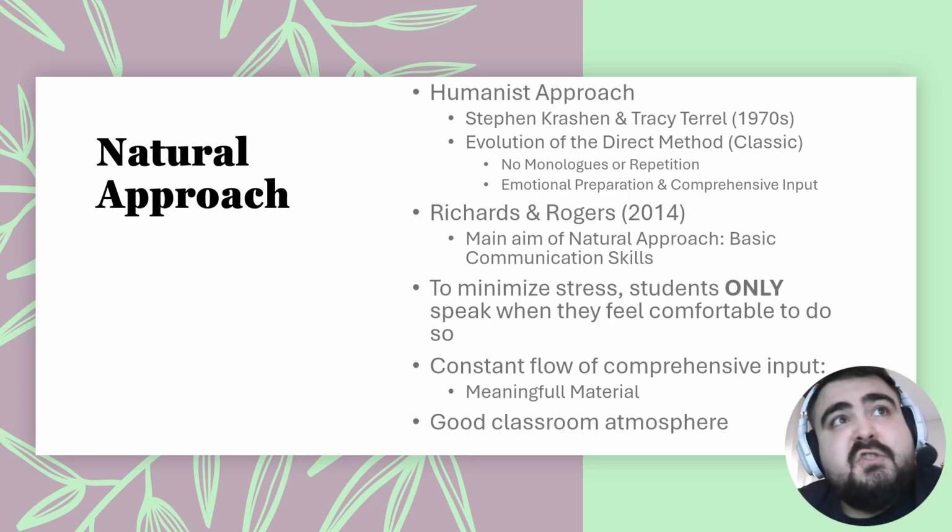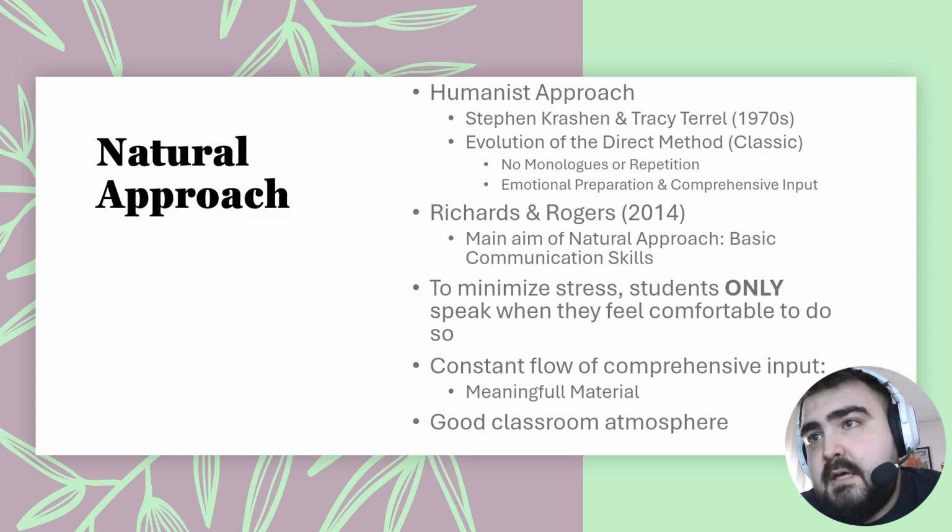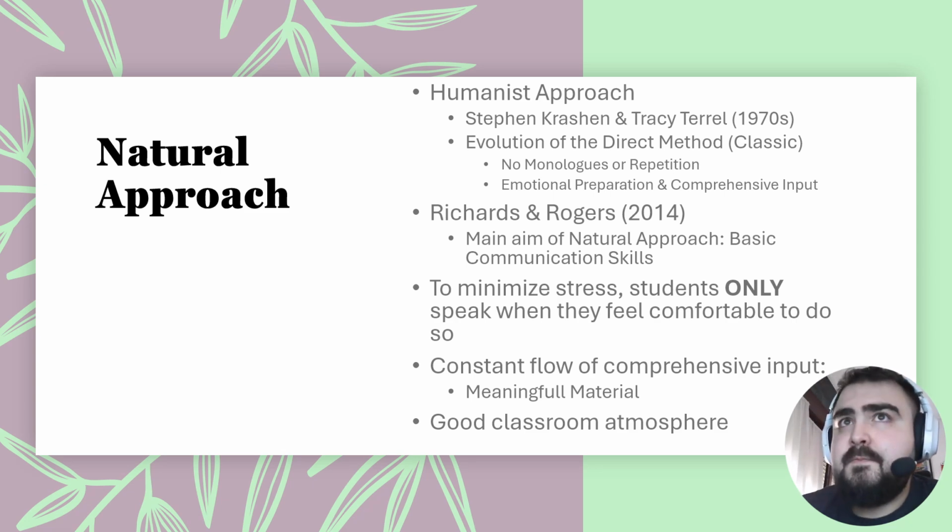The second method we've chosen is the natural approach, which is part of the humanist way of thinking. It was created by Stephen Krashen and Tracy Terrell in the 1970s, and it's basically an evolution of the direct method, which is a classic method of teaching language. But unlike its predecessor, it does not rely on monologues or repetition.